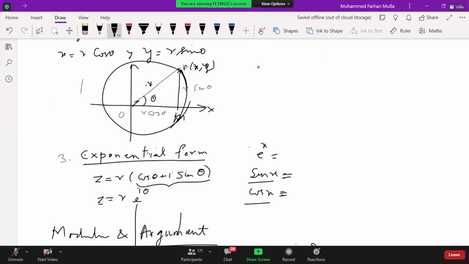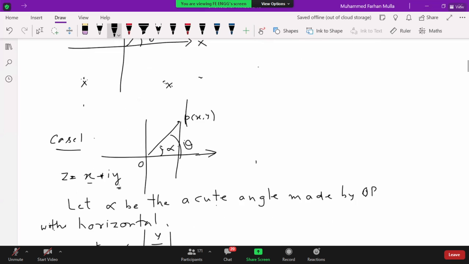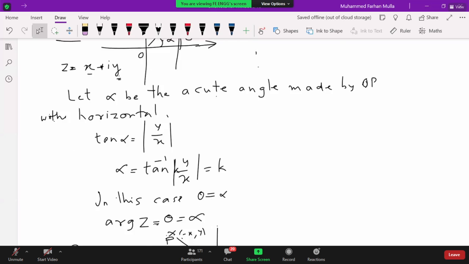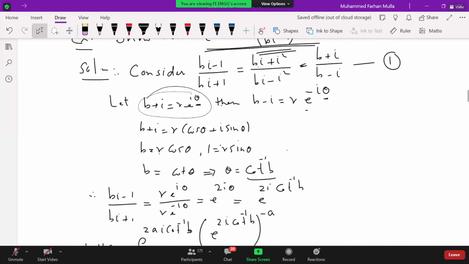See here, this is the exponential form, and cos theta plus I sin theta is expressed as e raised to I theta. So this is your polar form. Sorry, the exponential form. So given any complex number z, you can always write it as R e raised to I theta.